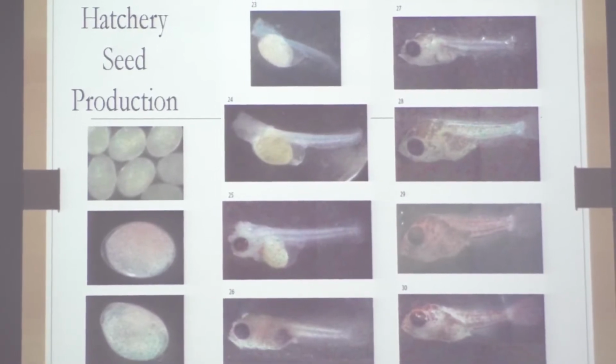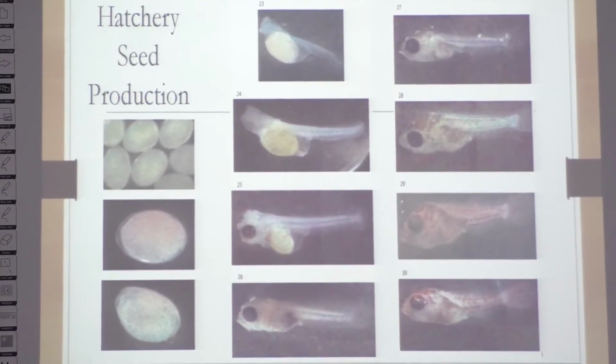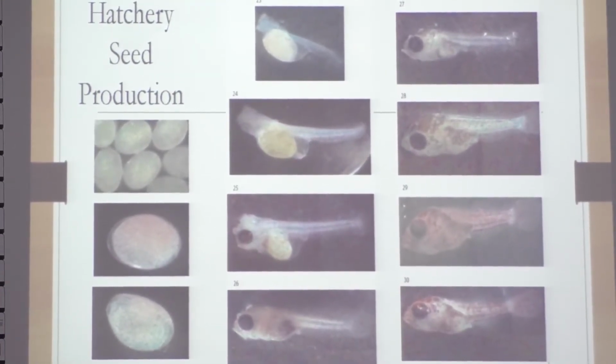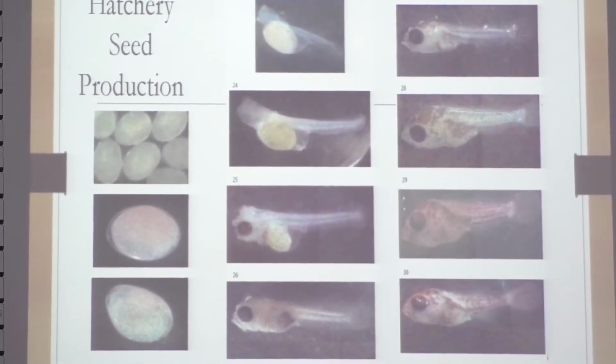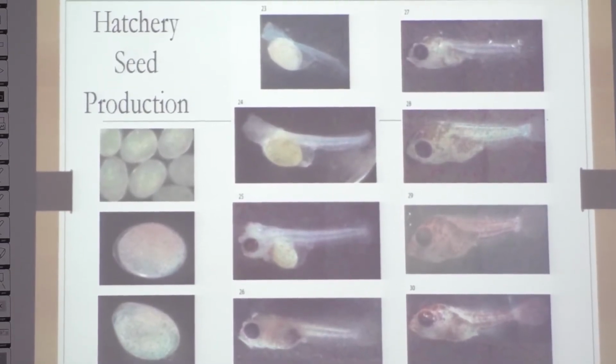Now this larva thrives on this endogenous food, and this may last for a few days, and the duration varies from species to species. In some species it is 2 days, in some species it may last for 5 days.